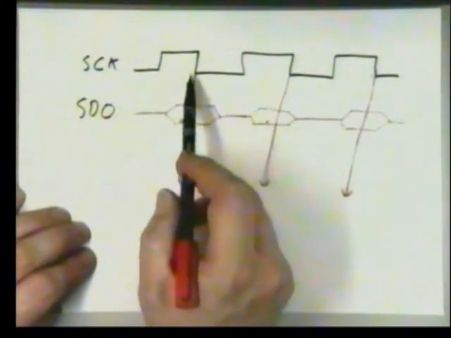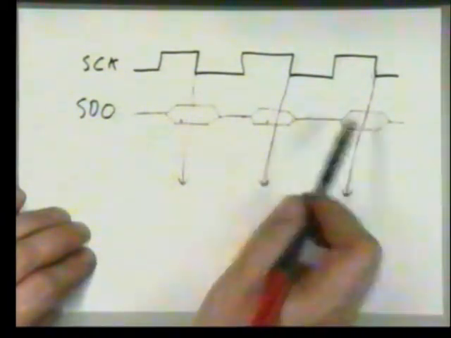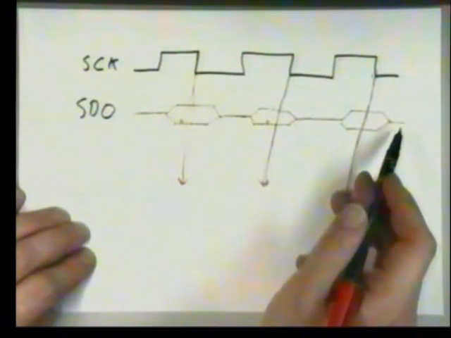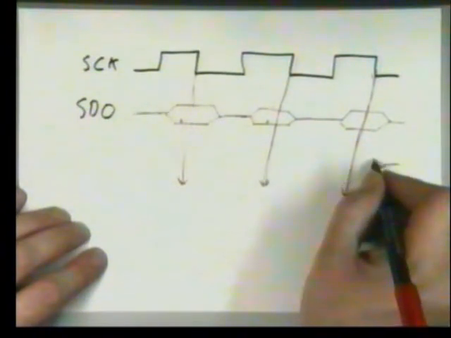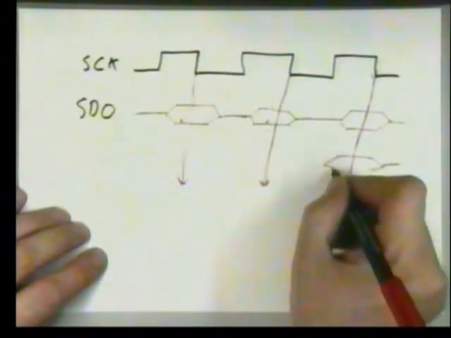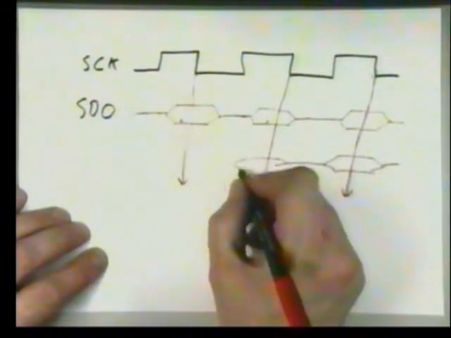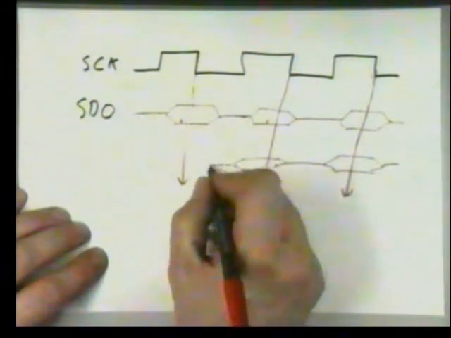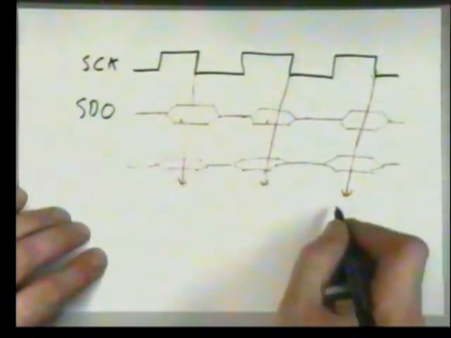Using this mechanism then, the master will clock out data from itself to the other end of the system. Now simultaneously, we will be transmitting data back from the slave into the master.